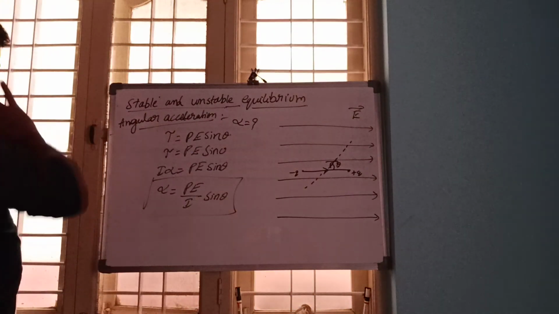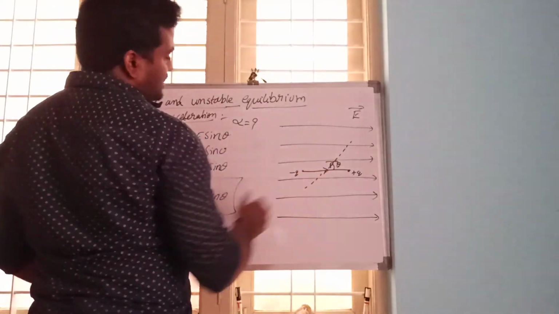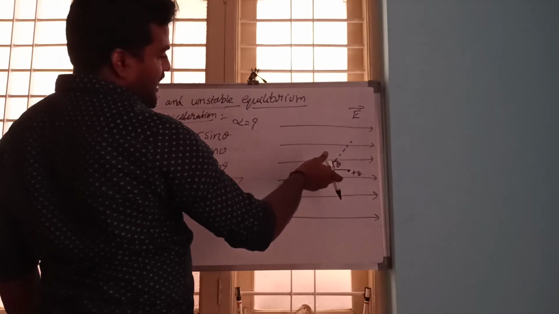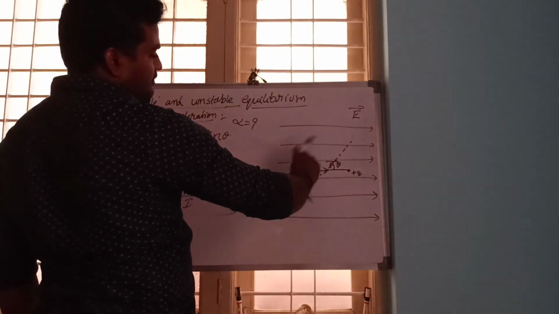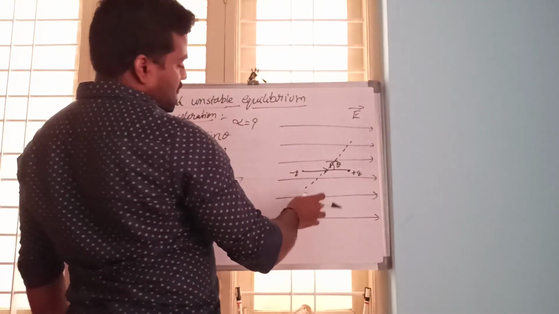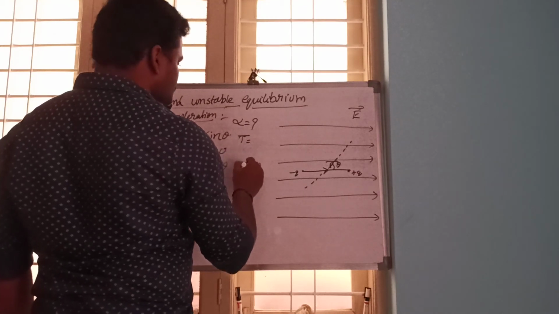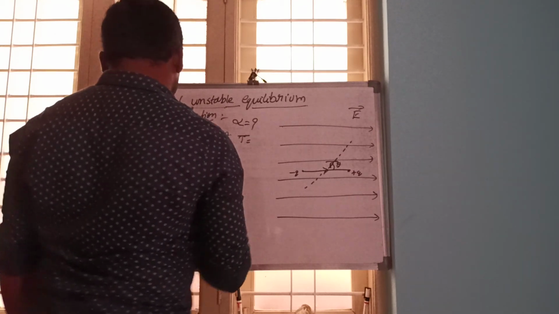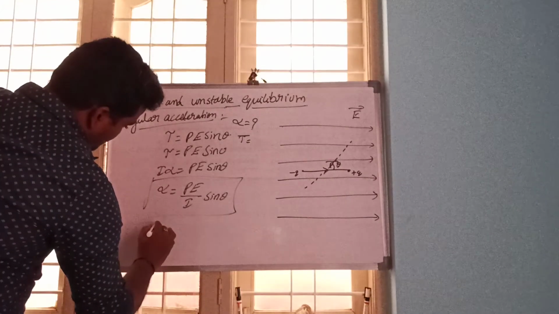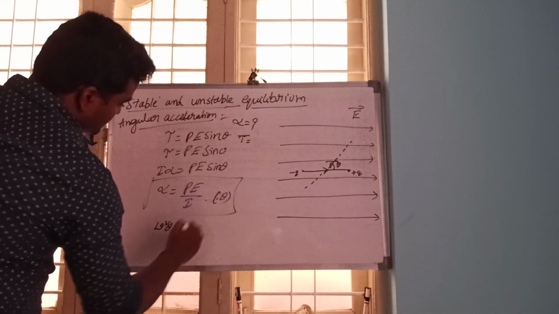And if they ask for the time period, meaning if you take unstable equilibrium, then it will do some oscillations with respect to the mean position. So in that case, tau equals I alpha equals I omega square theta. Here theta is small, so theta will cancel.